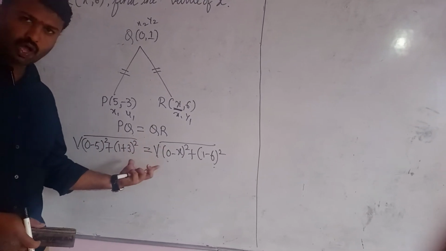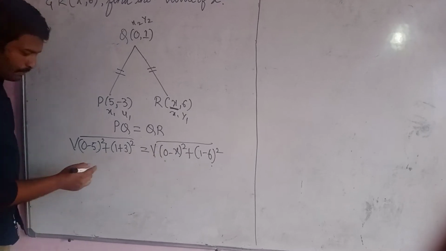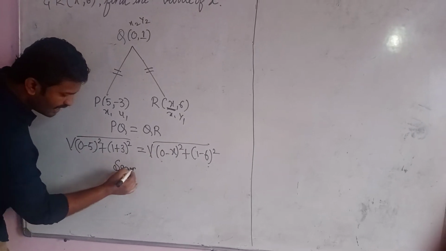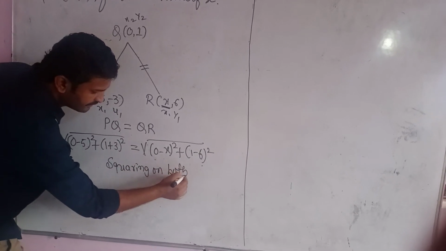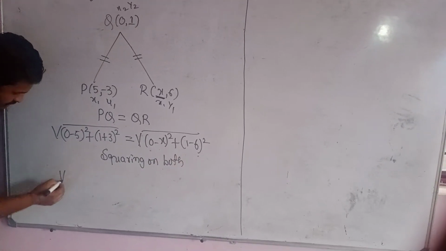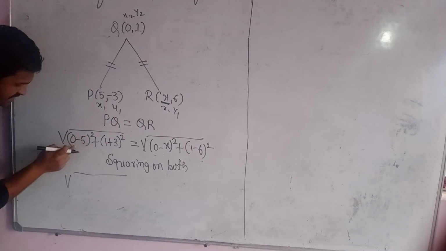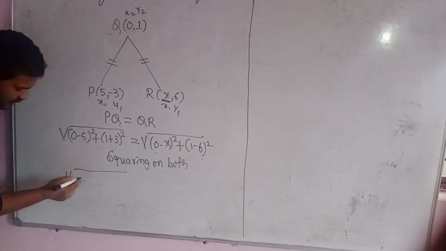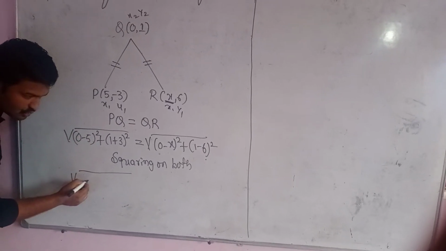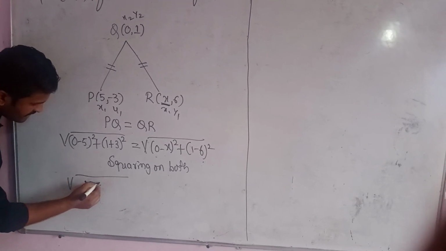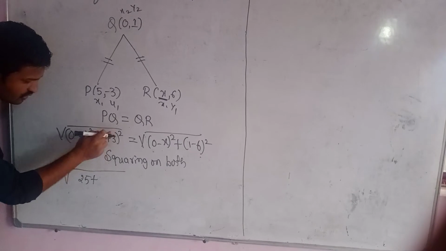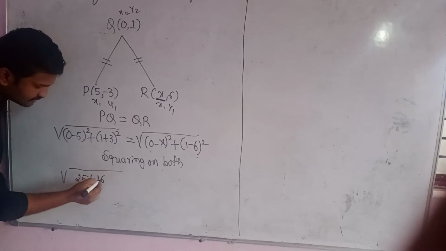We have to remove the square root by squaring on both sides. What will you get? (0 minus 5) whole square is (minus 5) whole square, which is 25, plus 4 whole square, which is 16.